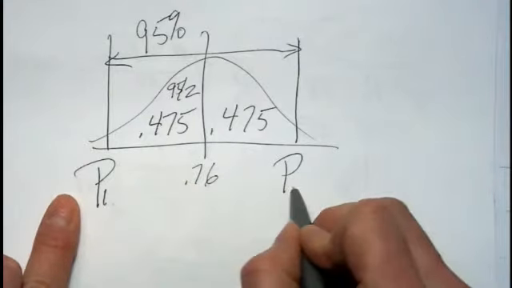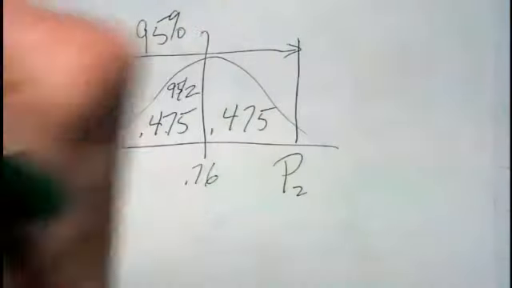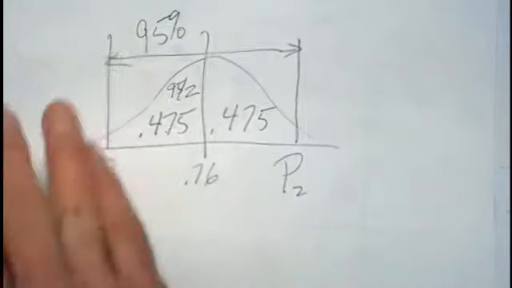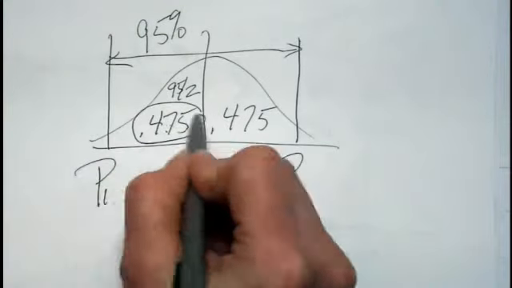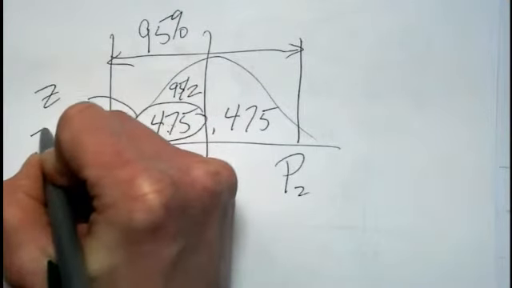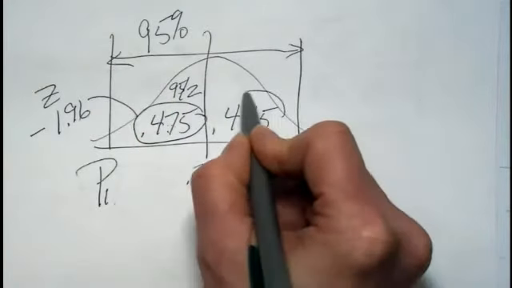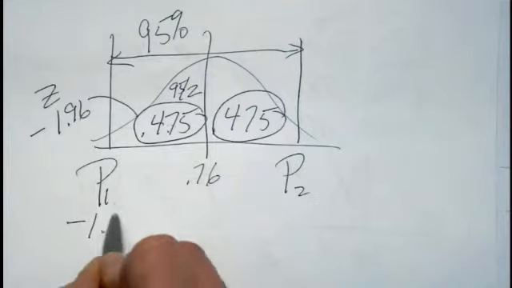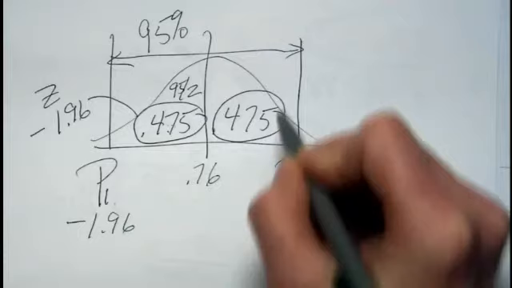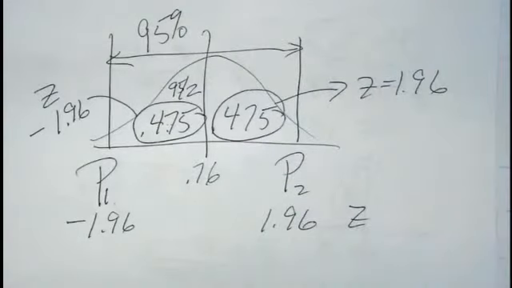So we're going to call them 1 and 2 to keep them separate. I gave you the percent, so you are going to look for the percent in the center of the table and come out and give me the z. So the z associated with this is 1.96. It's on the left side, so it's negative 1.96, and this is a positive 1.96. Okay?